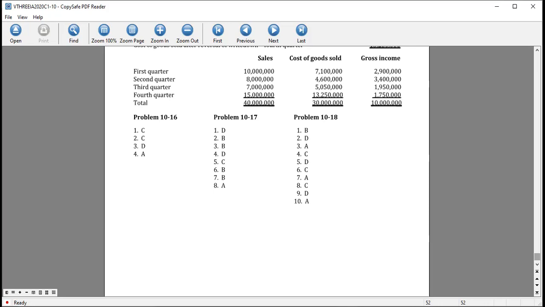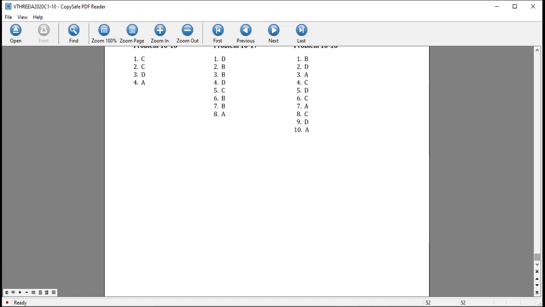Okay, then we move on to chapter 11. We have the operating segment.